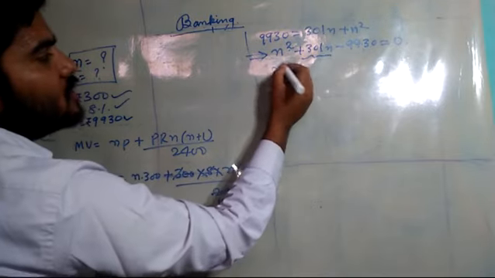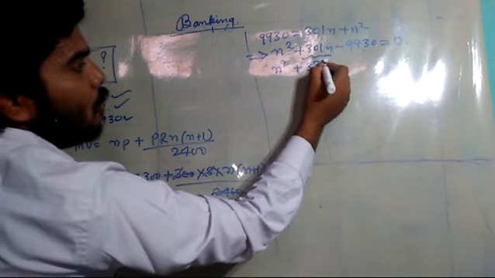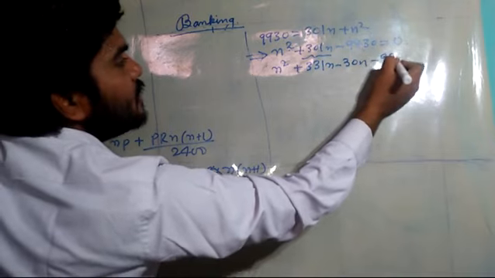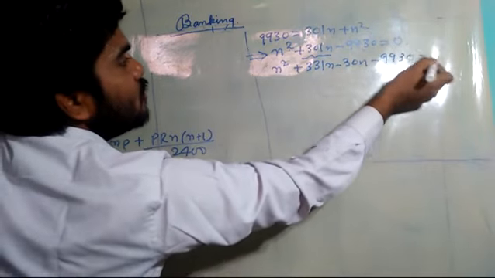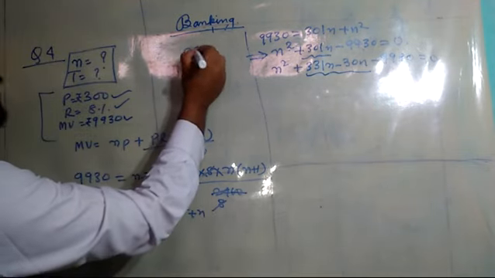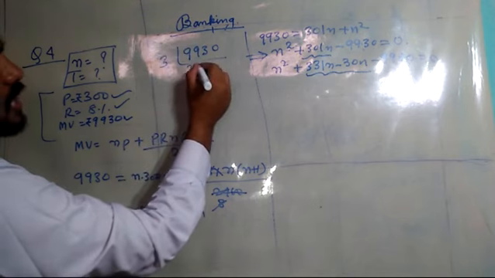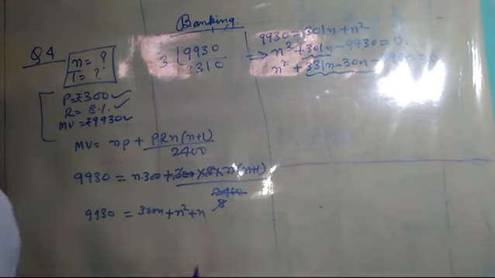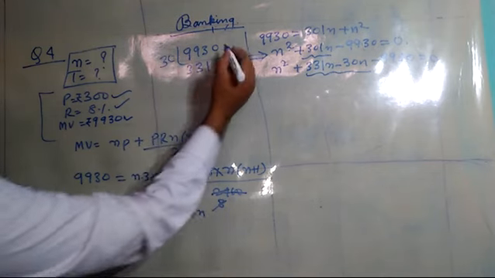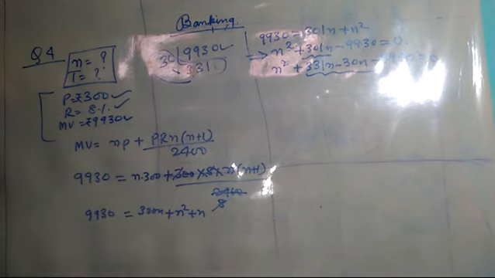Right now, since it is N square, I can write this as 331N minus 30N minus 9930 is equal to 0. Now from where did I get this one? If you simplify 9930, multiply with 3, 3 3 is a 9, 3 3 is a 9, 3 1 is a 3, 0. Now to remove this 0, I can put here 30 into 331, which will be equal to this much, and subtraction of this will give me 301N.